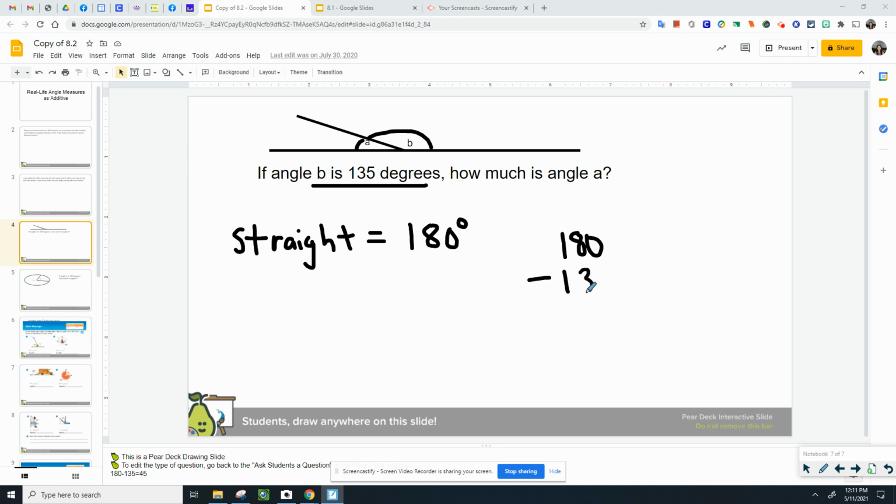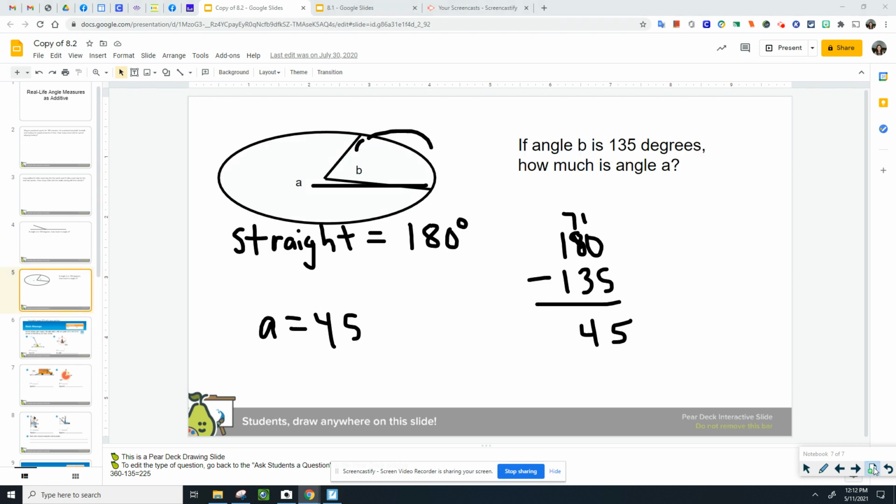That's going to give me my missing angle. Okay, so A in this case equals 45. And if I add 45 plus 135, I do get my straight angle of 180.